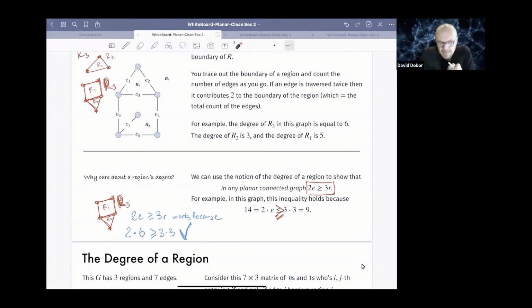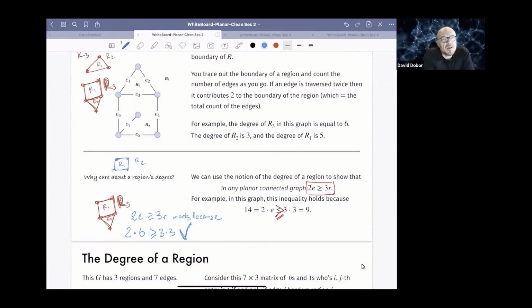So that's one fact. Another fact is that any region being enclosed by the edges has at least 3 edges surrounding it, which is also true, right? Does every region have at least 3 edges surrounding it? You can have a region that has 4 edges surrounding it, like this one. This one splits the plane into 2 regions, R1 and R2, right?